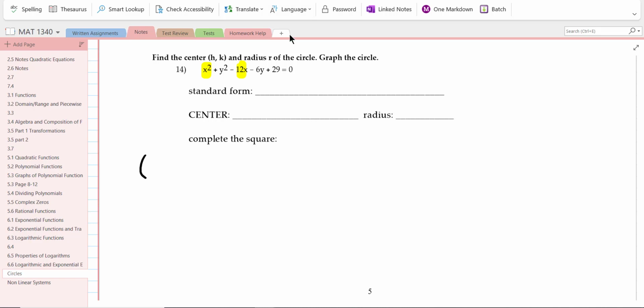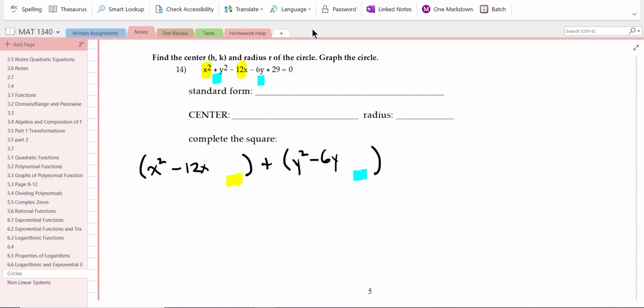Put a set of parentheses around x squared minus 12x, and leave a blank there because we're going to complete the square on that like we learned earlier in the semester. Then put your y's together. Put a new set of parentheses, y squared minus 6y, with a little blank there.